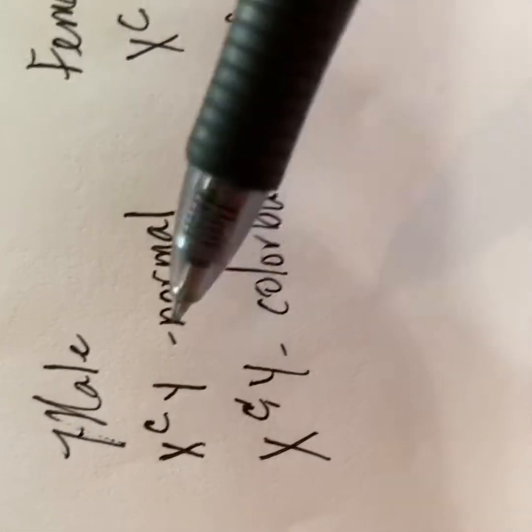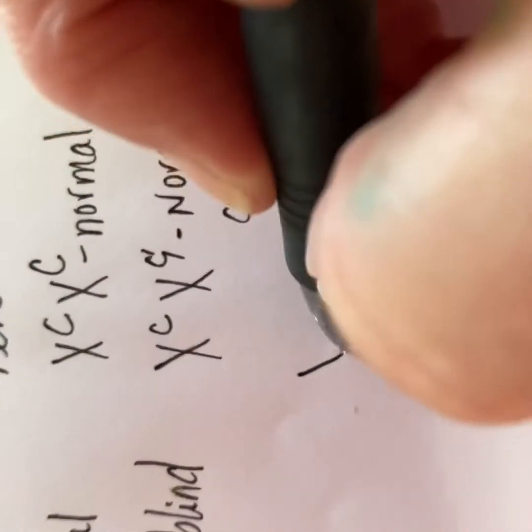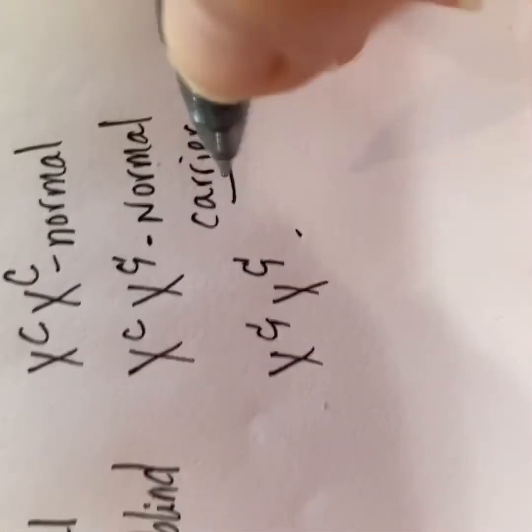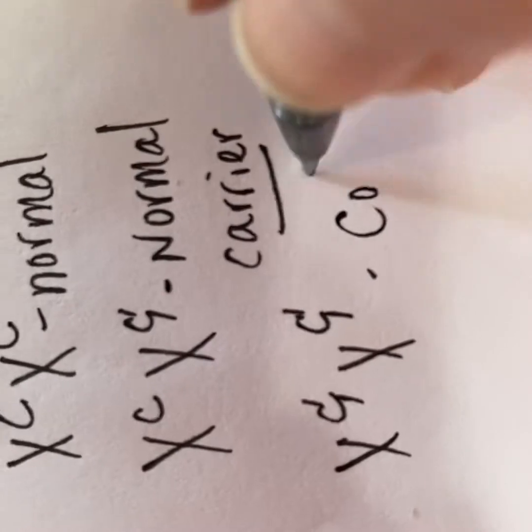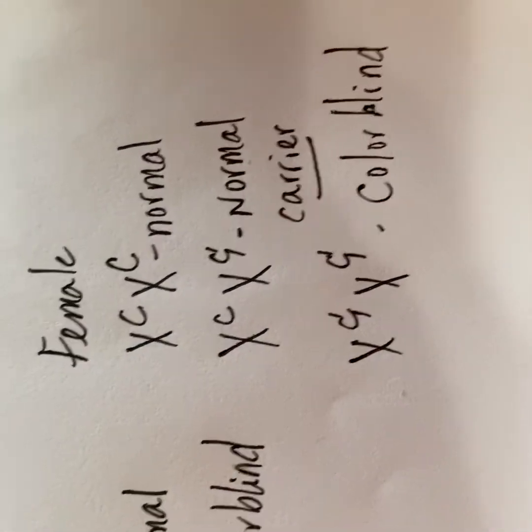Notice that men cannot be carriers. They either have it or they don't. And finally, a woman can be colorblind as well, but she must obtain the trait from both of her parents.